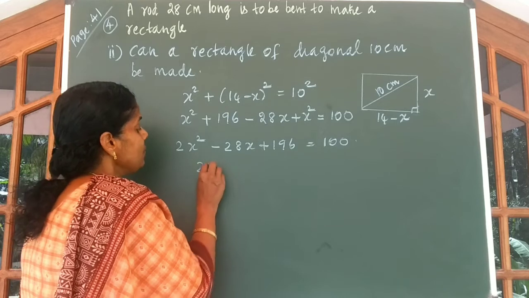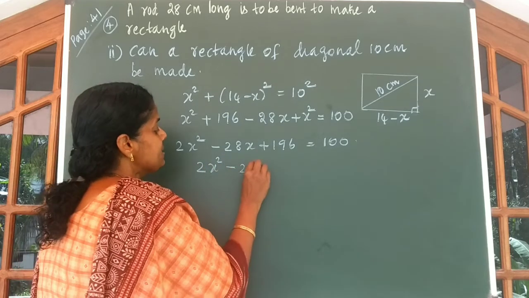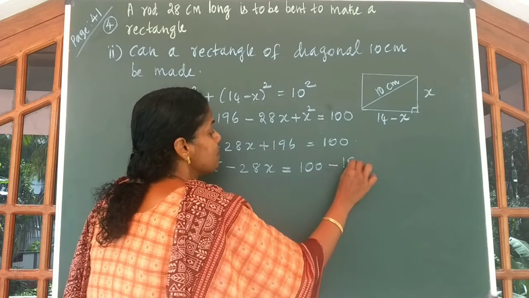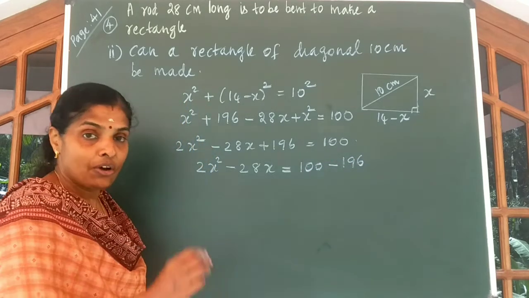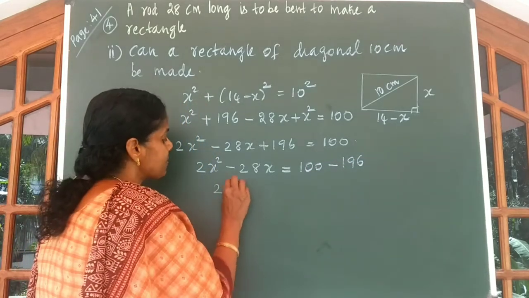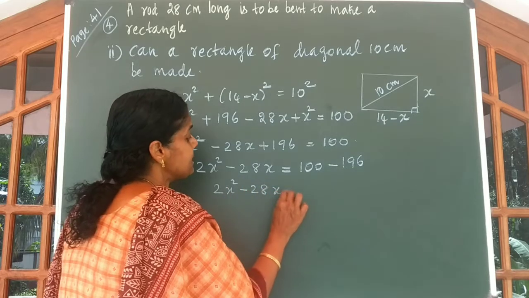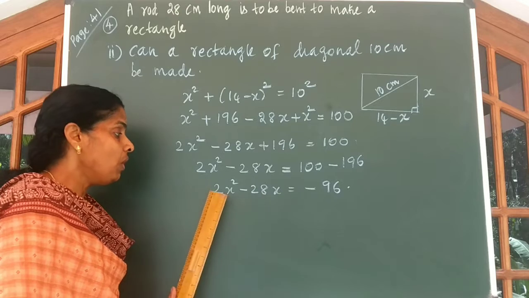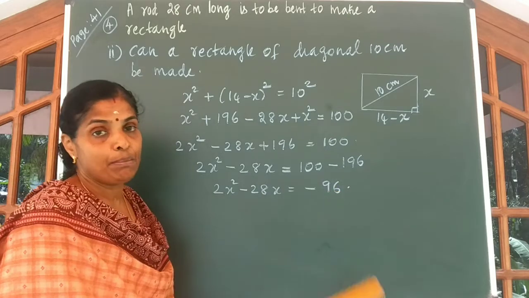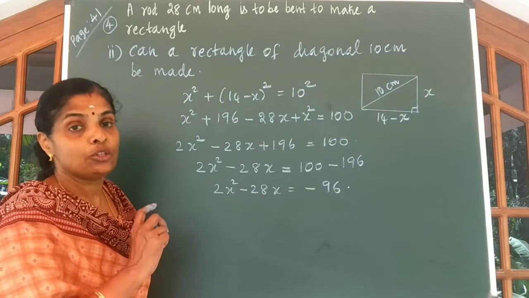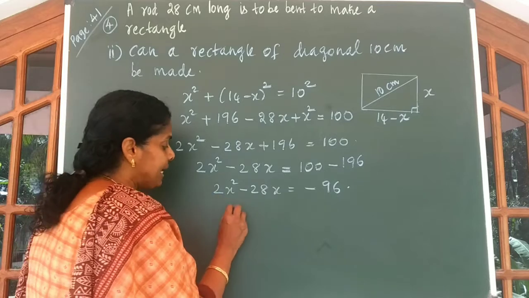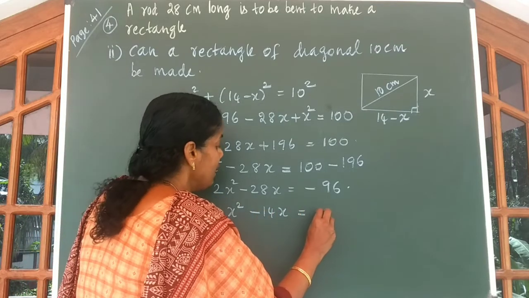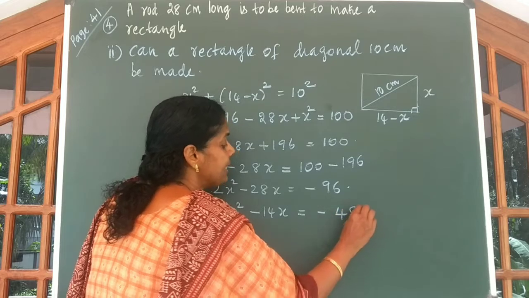So we get 2x square minus 28x is equal to 100 minus 196, or otherwise 2x square minus 28x is equal to minus 96. Now we know all these numbers are divisible by 2. So let us divide the whole equation by 2. We get x square minus 14x is equal to minus 48.